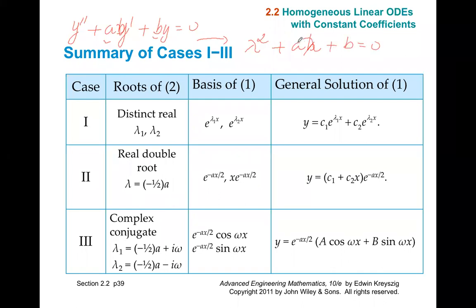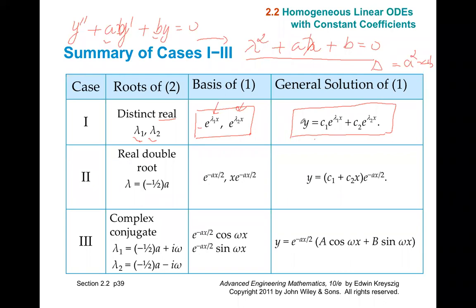We find its roots by calculating a squared minus 4b. If we have distinct real roots, lambda 1 and lambda 2, we can write the basic solutions as exponentials. Eventually we have the general solution by the combination of C1 y1 and C2 y2.